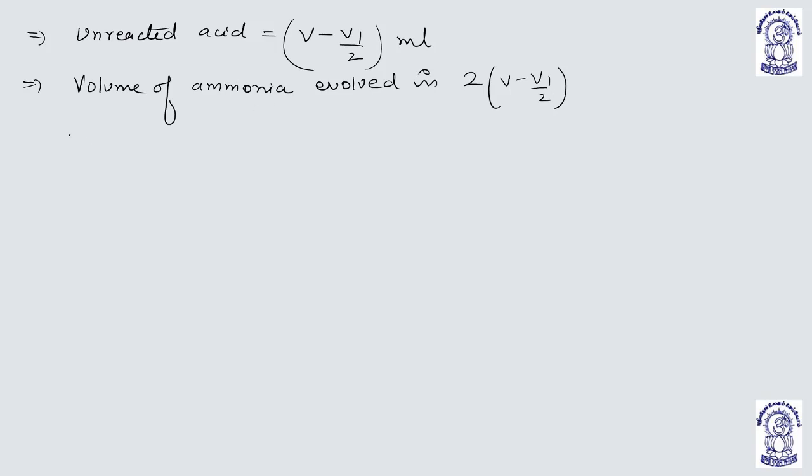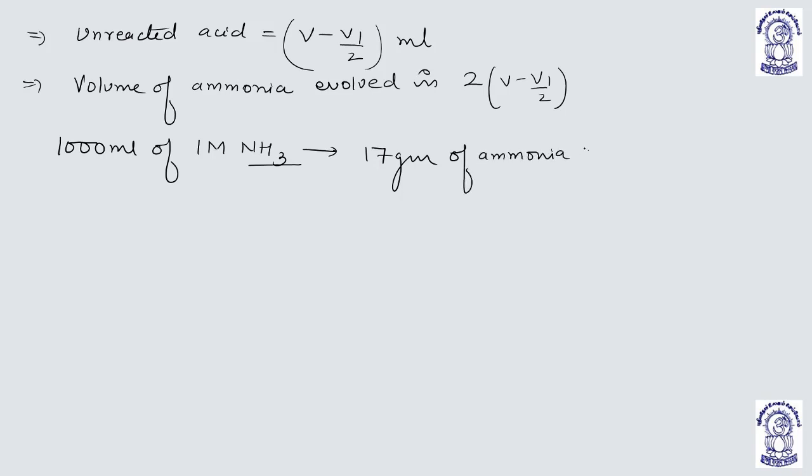Now, if we take a liter solution, meaning 1000 mL of 1 M ammonia, it gives 17 grams of NH3. This 17 grams of ammonia gives 14 grams of nitrogen.